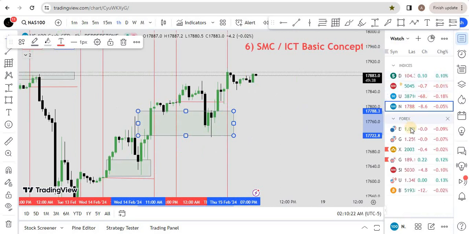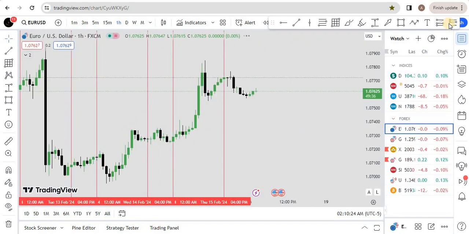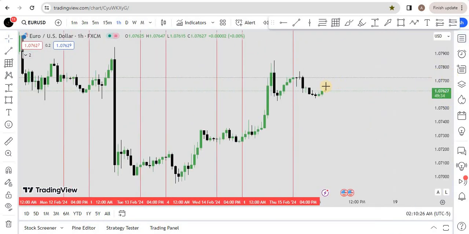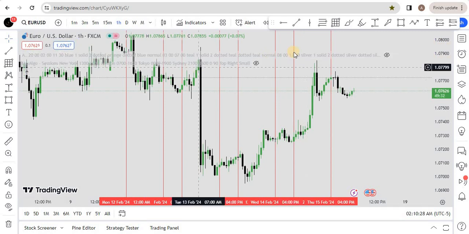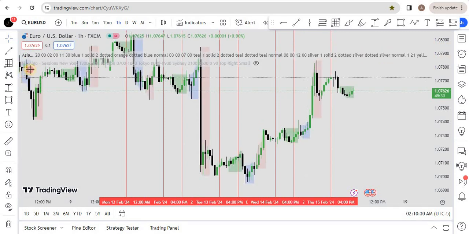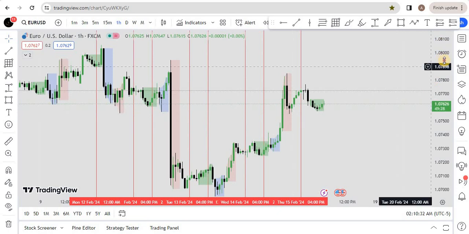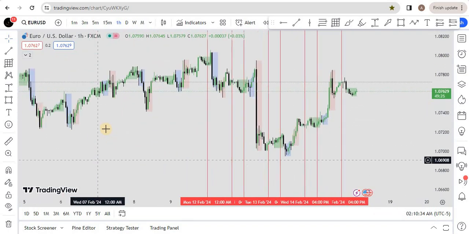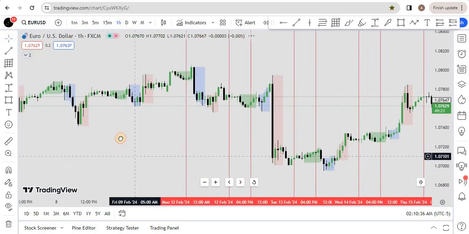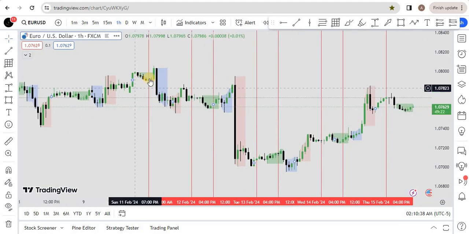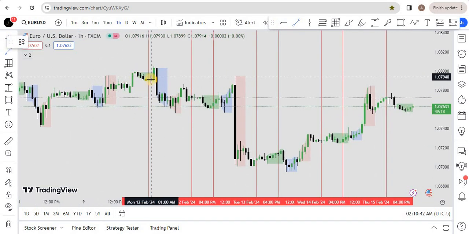Next, EUR/USD. You have to practice the midnight open.